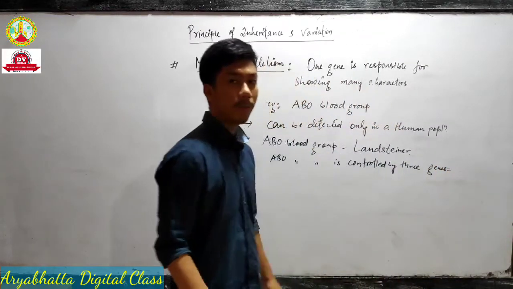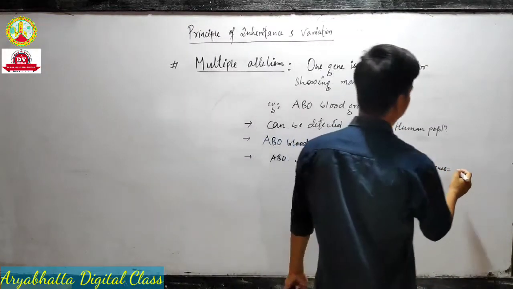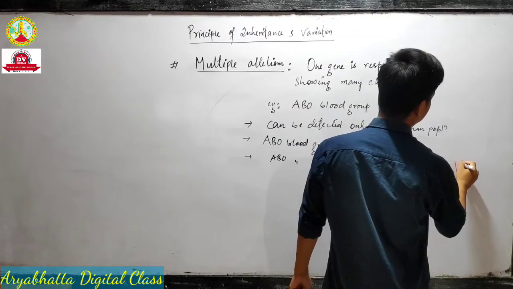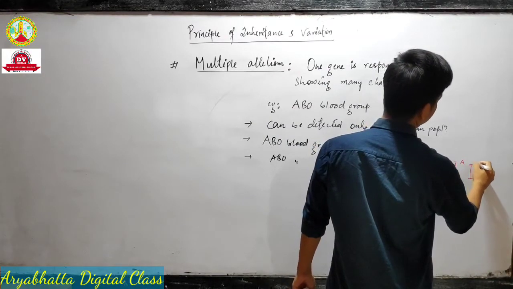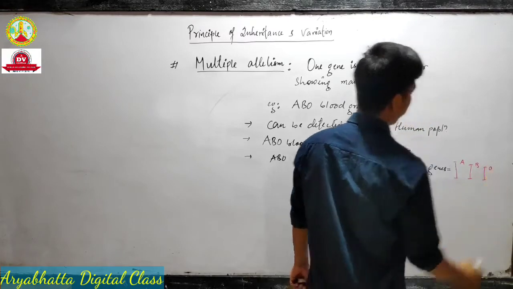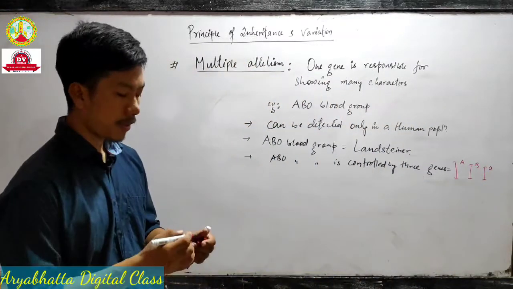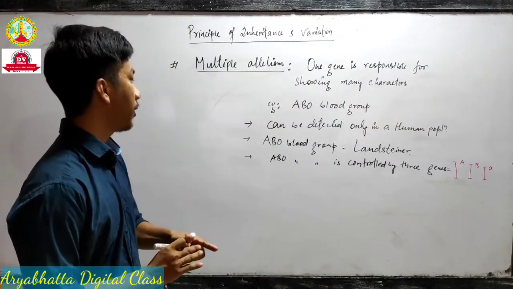What are all those genes? We represent these genes in the form of IA, IB, and IO. So these are the genes which control the ABO blood group.